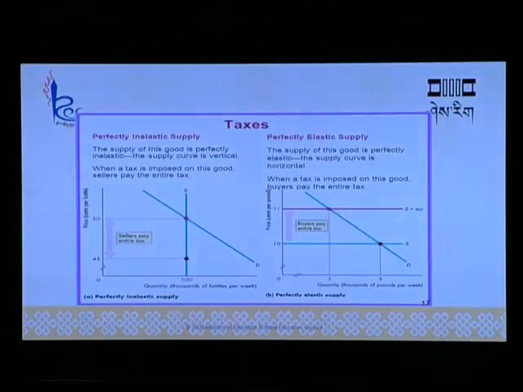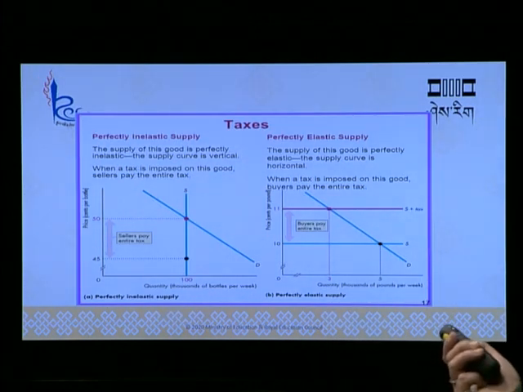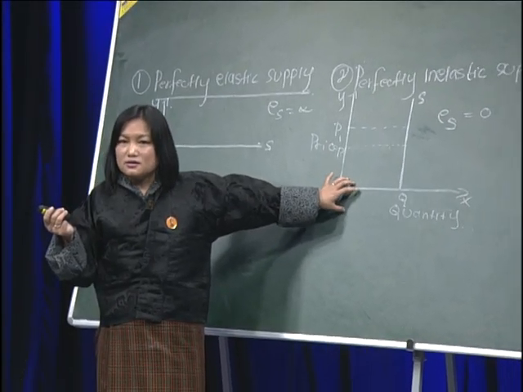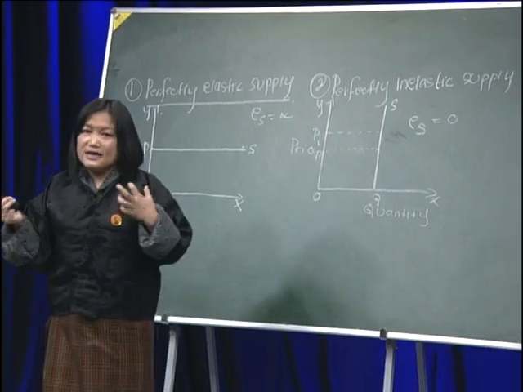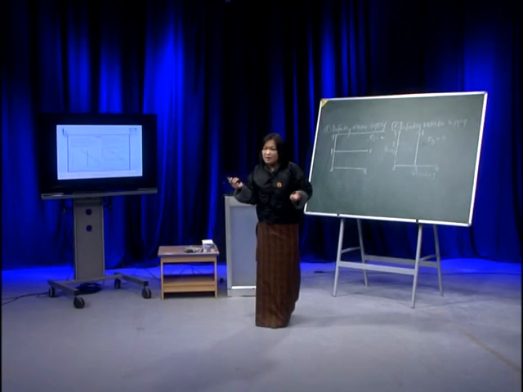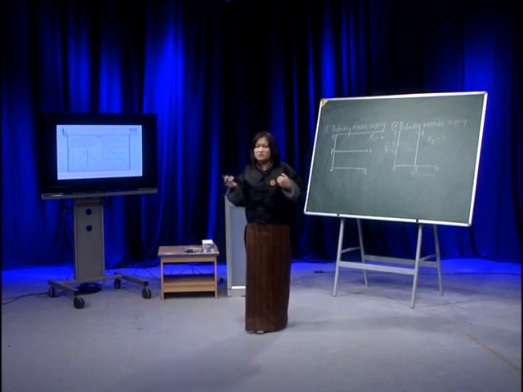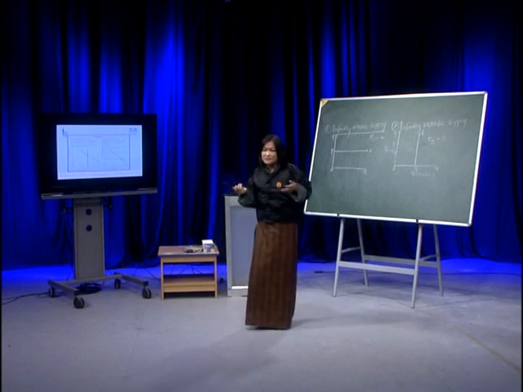So now let's look at a situation where the government imposes tax on the supplier or on the producers. So now what happens is when the taxes is being imposed on the supplier, it will have a perfectly inelastic supply. It will have this category of supply. This is because since the tax is being imposed on the supplier, because of the increase in the cost of production, the supplier will not be able to produce more quantity of goods and services, although these cases are very rare.